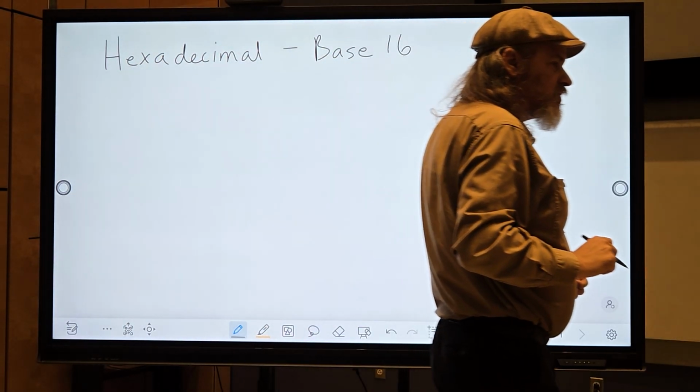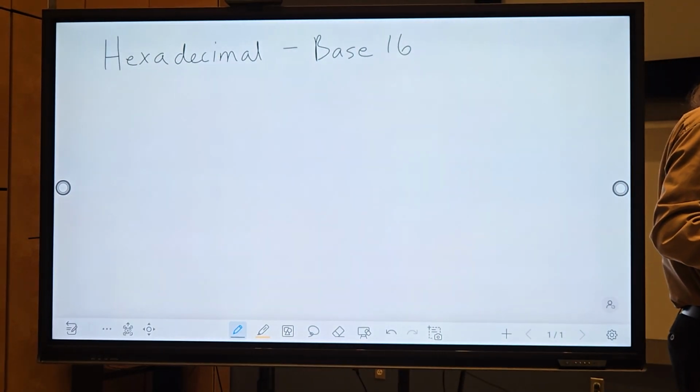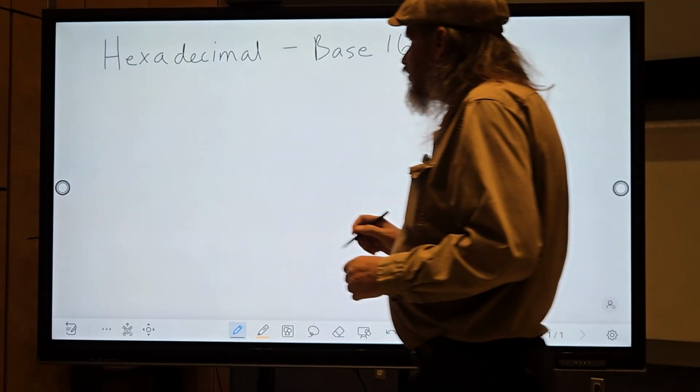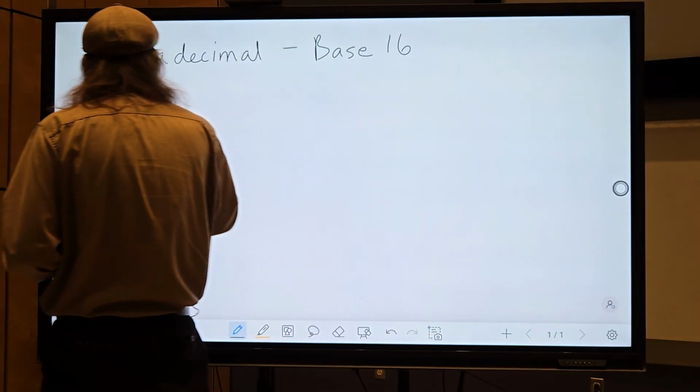Like I said before, the number of the base is the determiner of how many symbols are used. So base 16 has 16 symbols used to represent numbers.